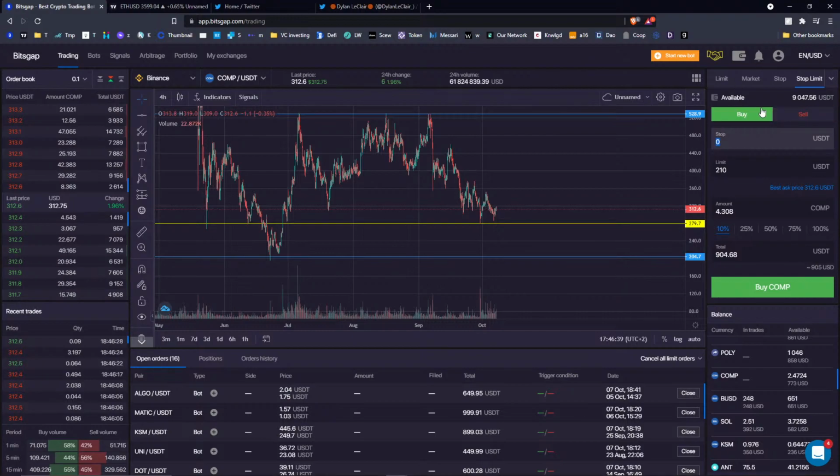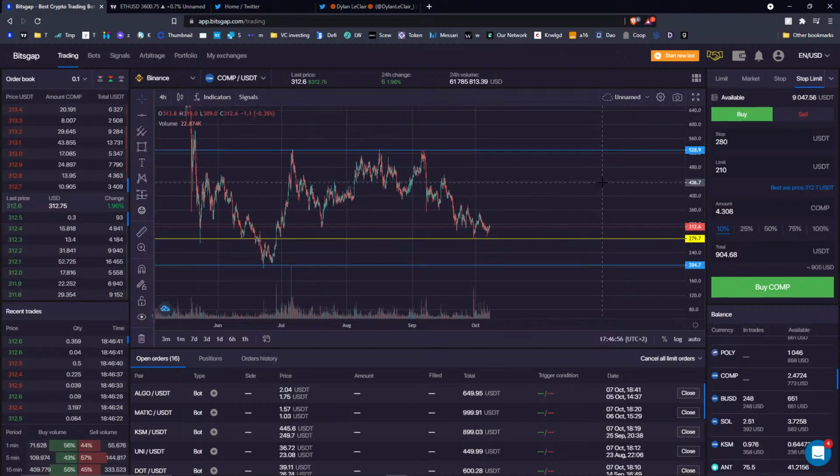Okay, so you need to set the trigger price, which is in that case 280 something. So you know that if it reaches 280, then this would be the condition to trigger the limit buy order at the price of 210.